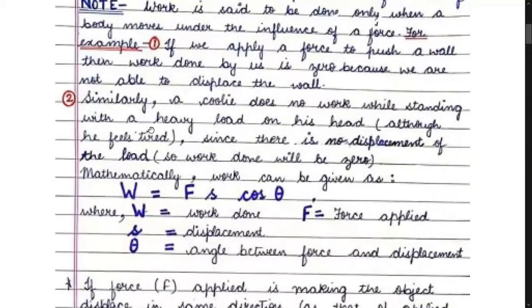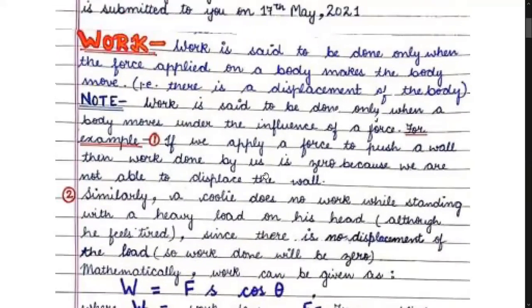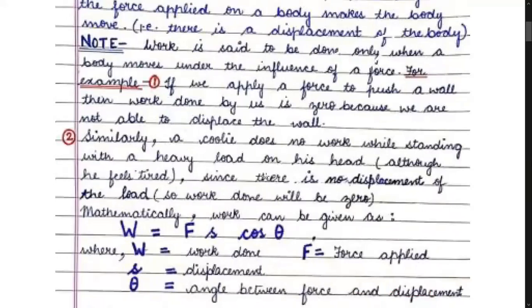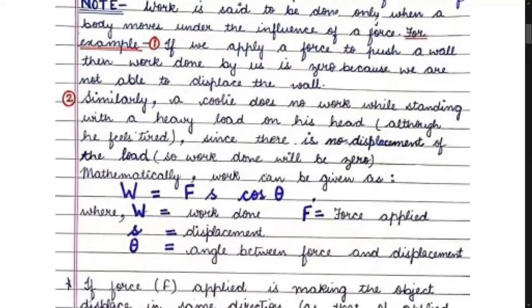Children, if we apply a force to push a wall, then what will happen? There will be zero displacement. Can you move a wall? No. So if you apply a force to push a wall, then work done by us is zero because we are not able to displace the wall.